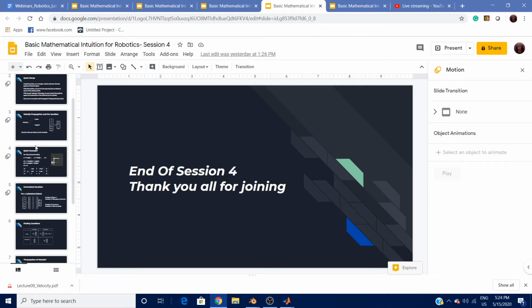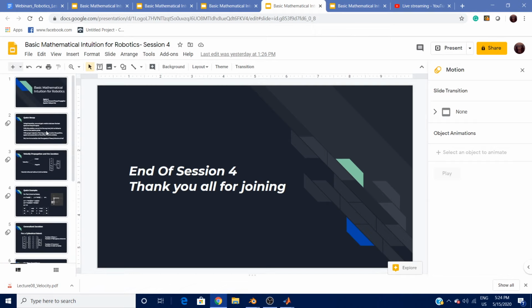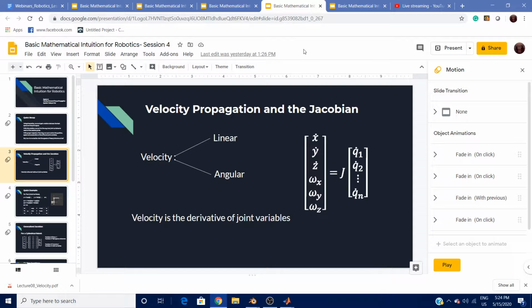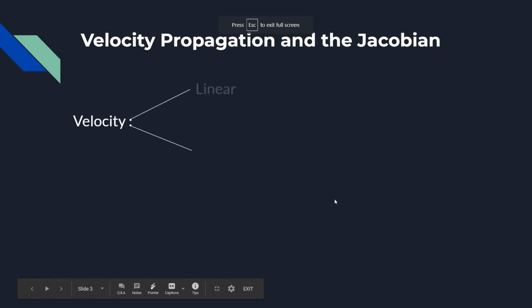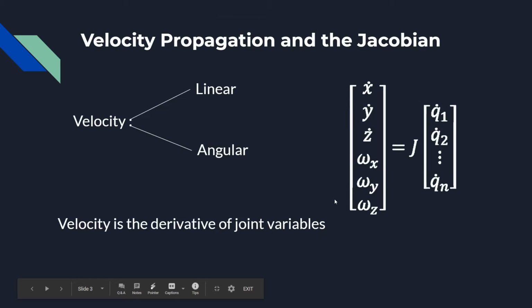With that, we came to session 4, where we spoke about how we actually figure out what the joint variables should be when we know what the final velocity should be. So for that, we created Jacobians. We tried to find out what a Jacobian was, which would be a matrix that would relate the joint variables with the final world coordinate velocities, the linear velocities in the x, y, and z direction, and the angular velocities about the x, y, and z directions.